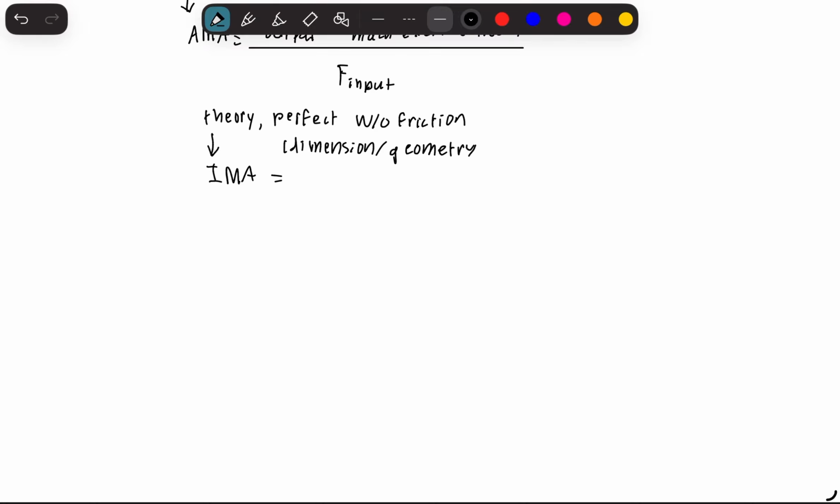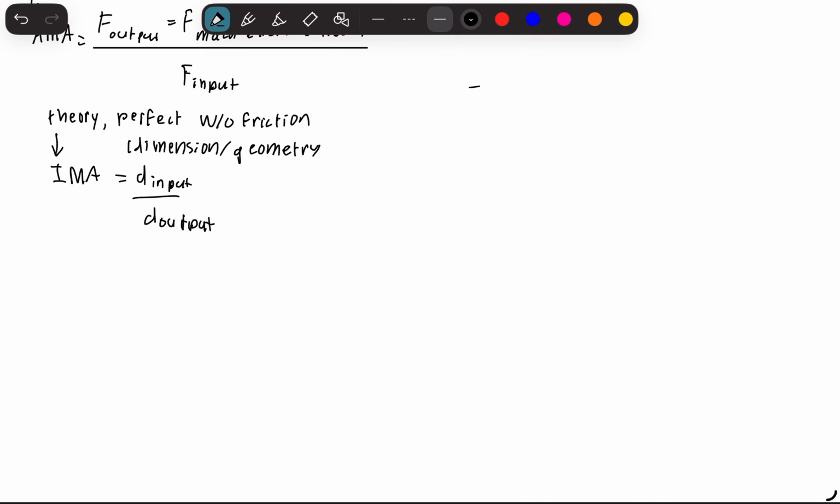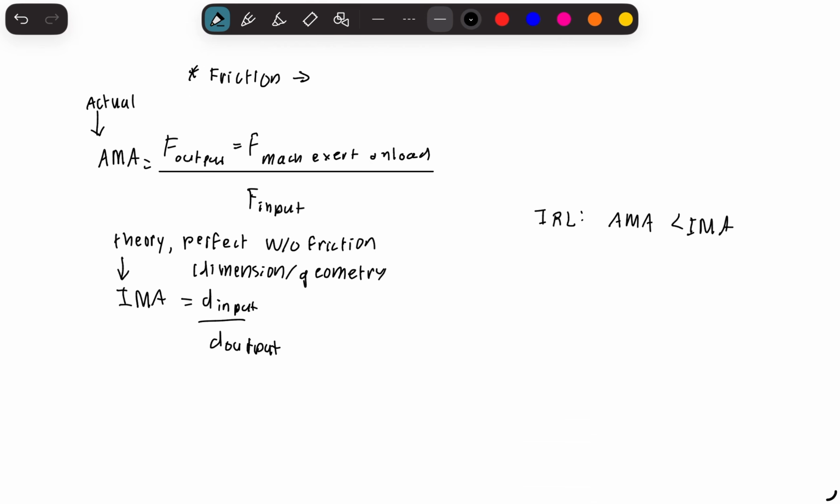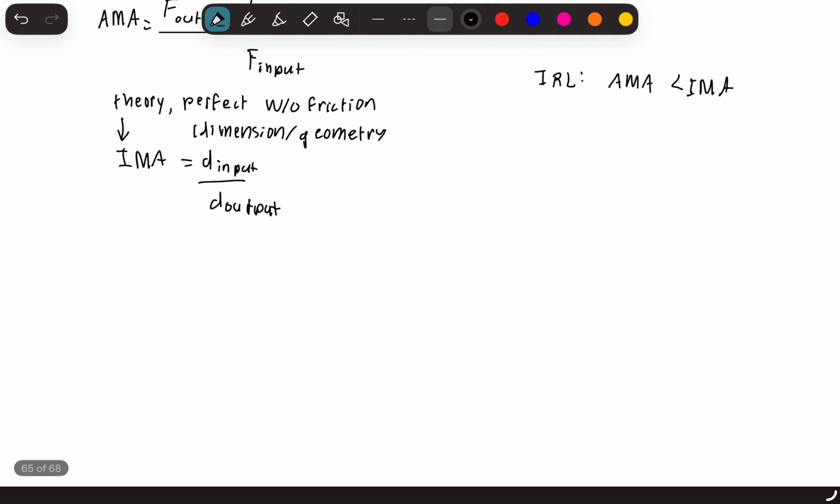So the formula is going to be your D input divided by your D output. In the real world, AMA is always going to be less than IMA because energy is lost to friction. And also in the ideal world, you would always have a greater amount of mechanical advantage.